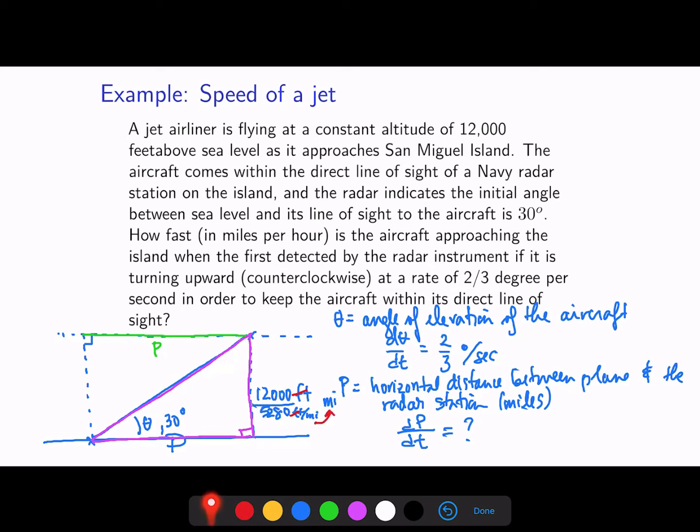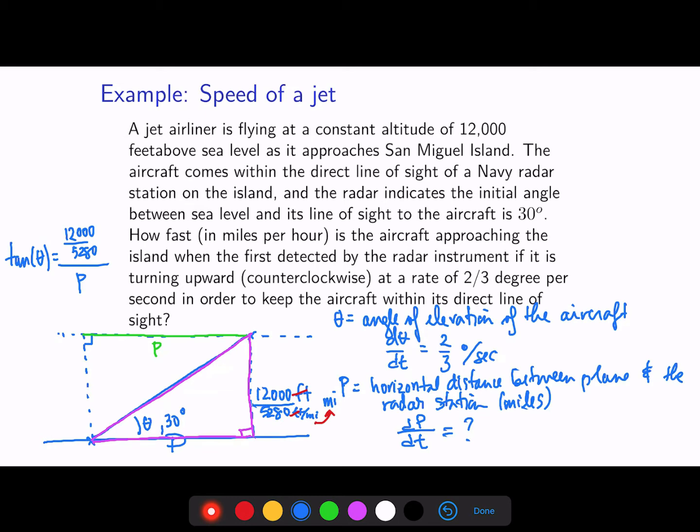So whatever this number turns out to be, this is the height at which my plane is flying, measured in miles. So if P is measured in miles, and the altitude of my plane is measured in miles, now I can set up my formula. My formula says the tangent of my angle of elevation is 12,000 over 5280, all divided by P.